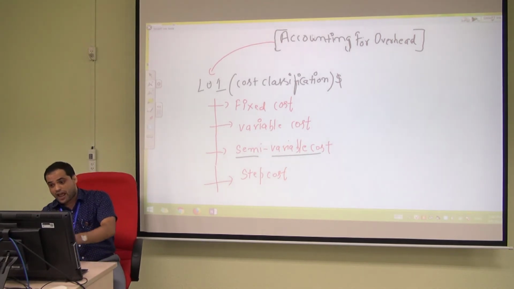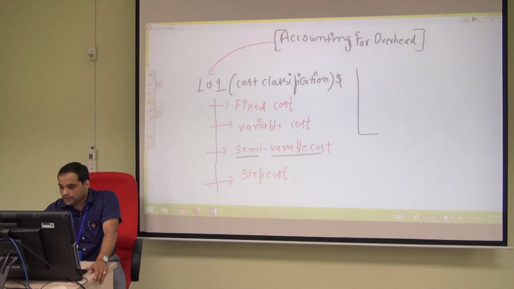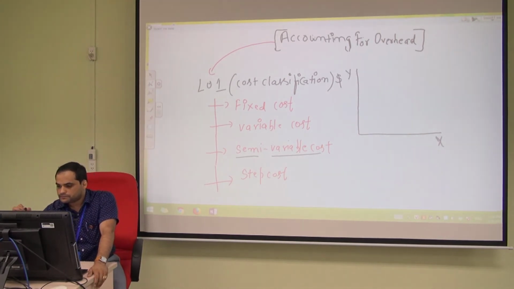Alright, so better I draw the graph to explain the semi-variable cost. The graph of semi-variable cost looks like this. Alright, so this is the semi-variable cost.